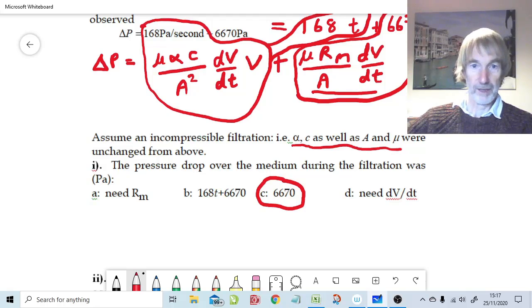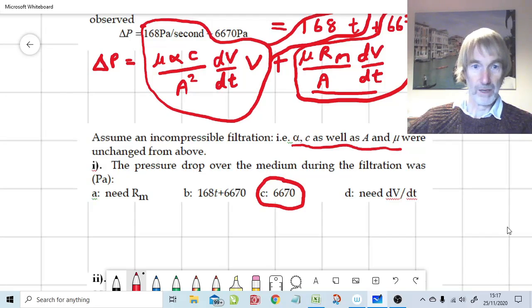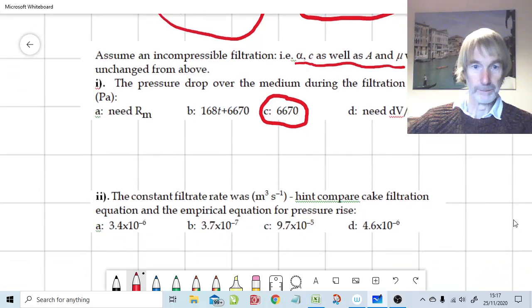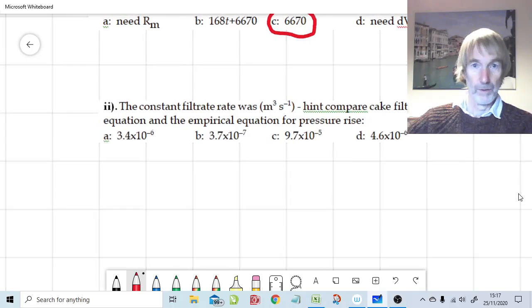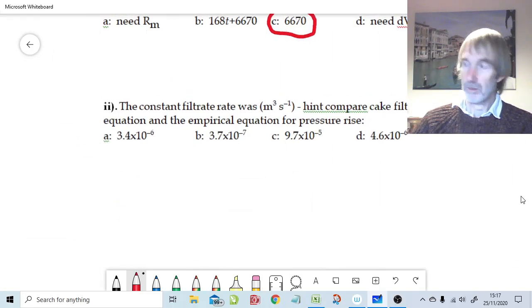So it's getting to be a little bit of a mess. I'm going to have to redraw it down here. So let's redraw it down here.